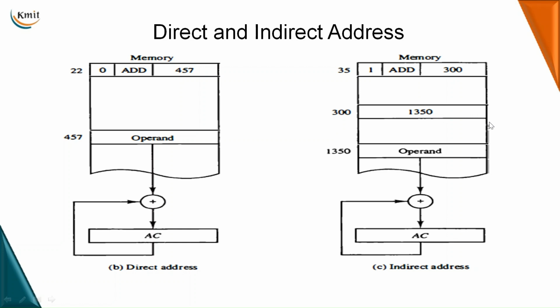If you go to location 1350, you can find the actual operand. That is why this is not a direct address. This is indirect addressing, which means the address of the actual operand is stored in this location of the memory. The operand at 1350 is added with the contents of the accumulator to get the result of the addition operation. This is the difference between direct and indirect addressing.